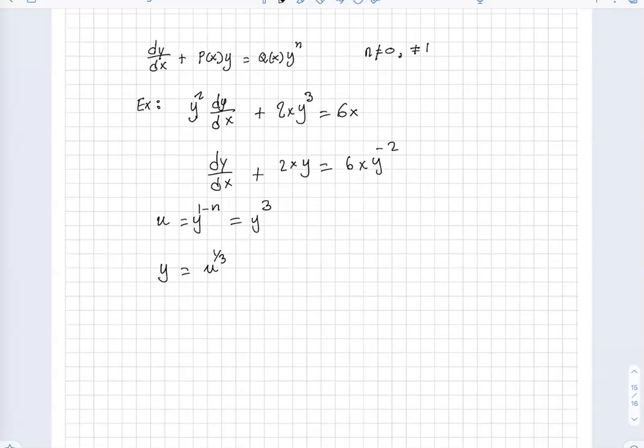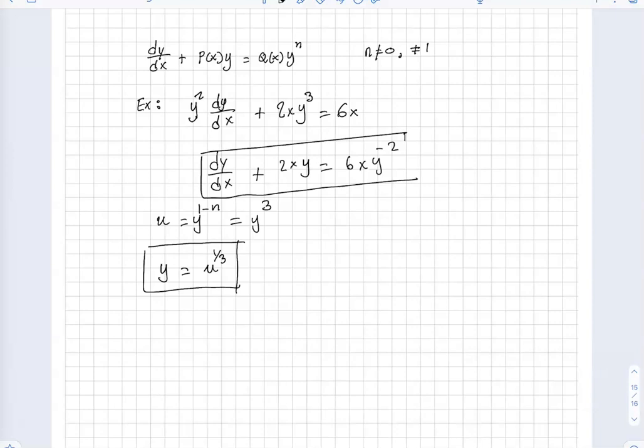So the next job is straightforward. You take this substitution, consider the equation, and replace y everywhere in this equation with u to the power 1/3.